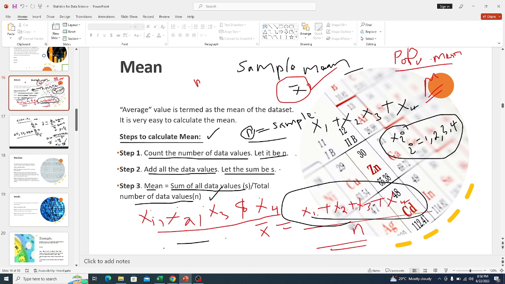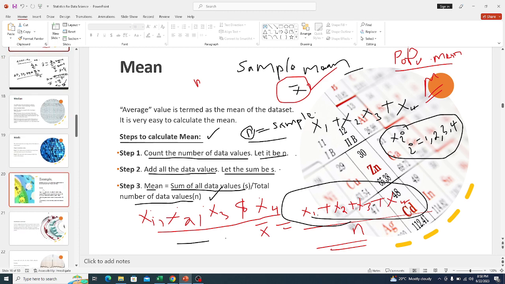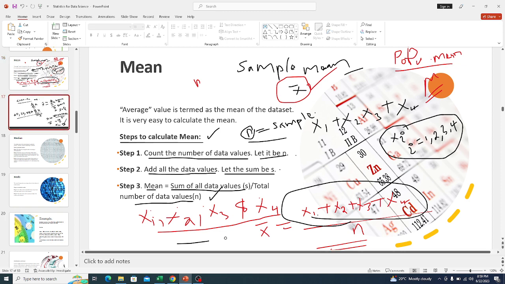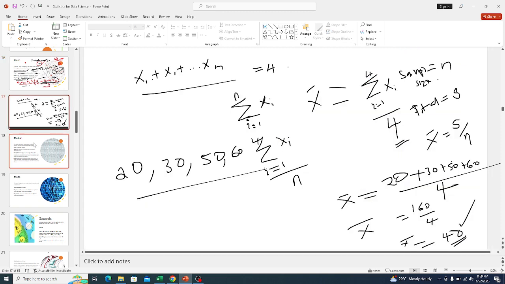When we do the practicals, after we are done with these slides and before we move to another topic, we shall use Excel with a real data set and use Excel's inbuilt functions to calculate the mean. So don't confuse this, we are yet to come to practicals. This is just an illustration for better understanding.